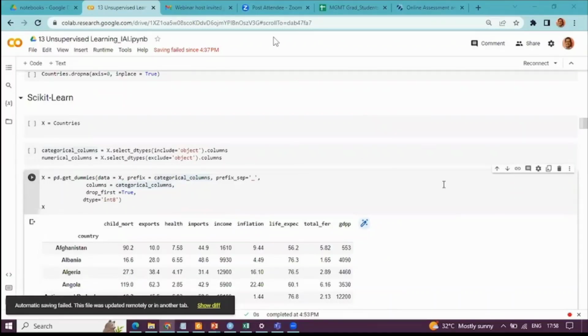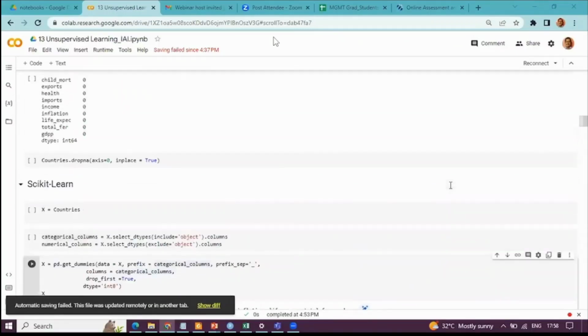Depending on the number of categories, if a categorical variable has n categories altogether, n minus 1 dummy variables would be created, and each of those would become new columns of the data.